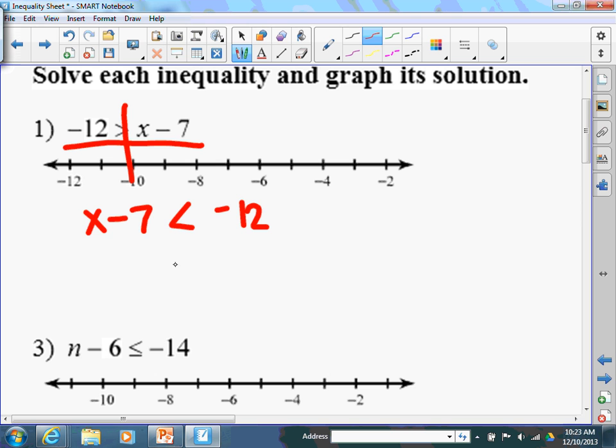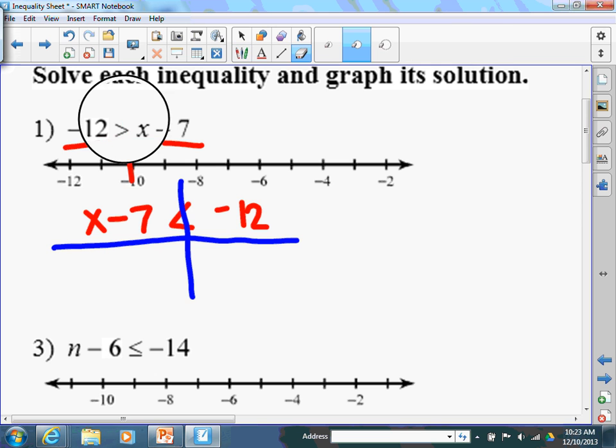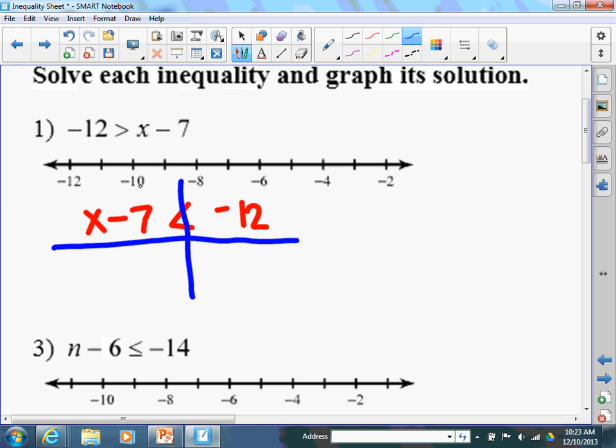That's our first check. Second check. Is there a negative number in front of this variable? No. Is there a negative number beneath this variable? So are we ready to solve it? Yep, ready to roll. All right, so here we go. Let's throw our T down. What's the opposite of subtract 7?